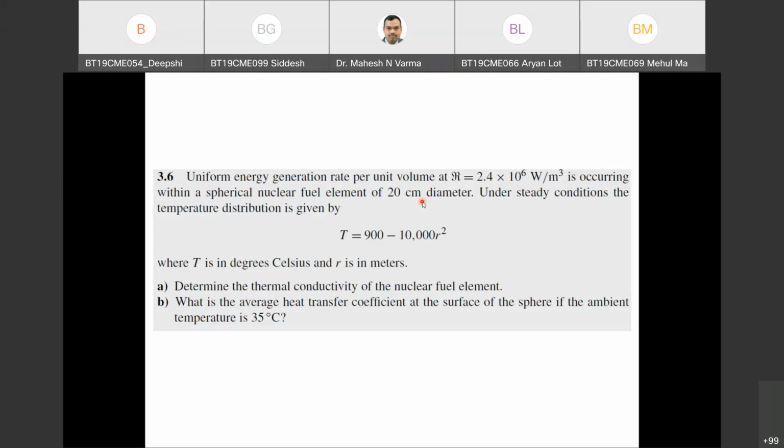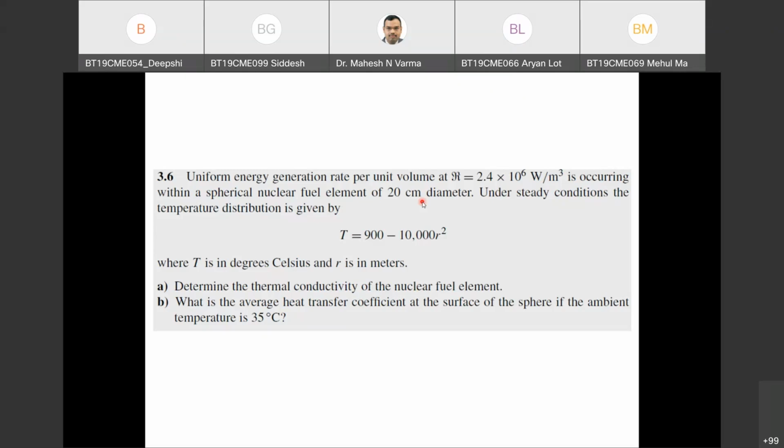So my Q dot value, that is the rate, equals 3Q by 4 pi r square into r. So I put the value of Q by 4 pi r square as QR. So the rate becomes 3Q by r.